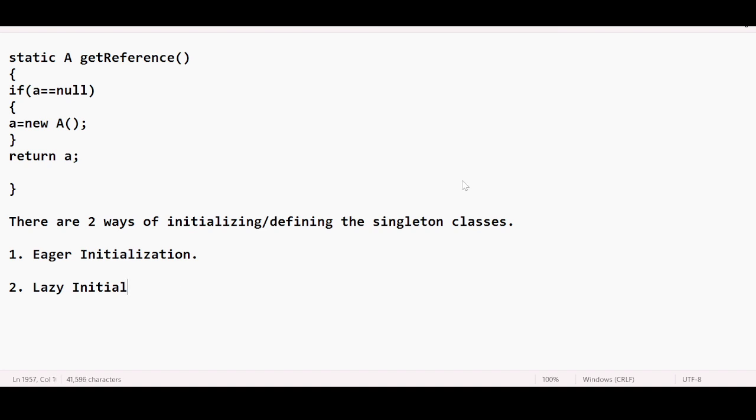Very simple. Don't worry about the words. These words may look complicated, but ideally it is very simple. So what does it mean to be an eager initialization? We'll understand.